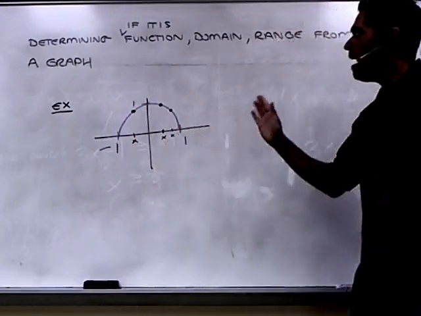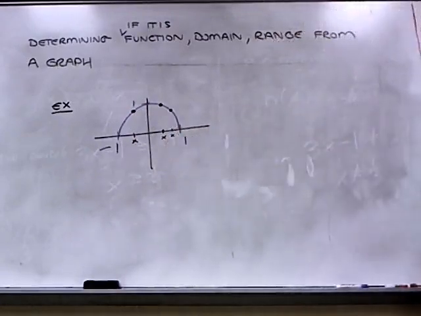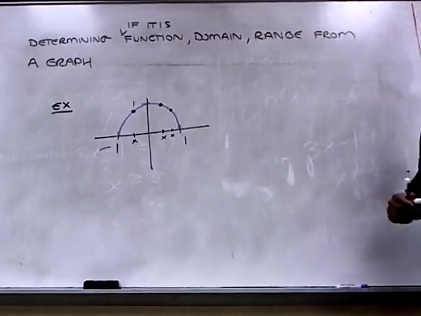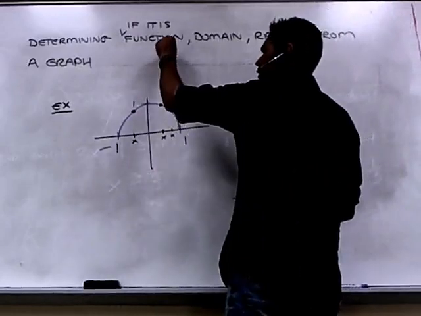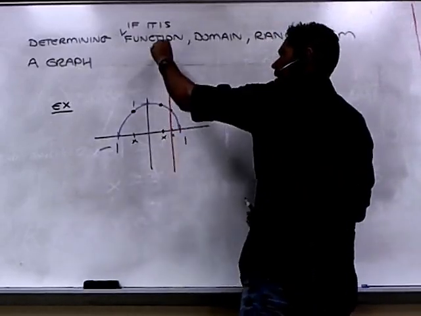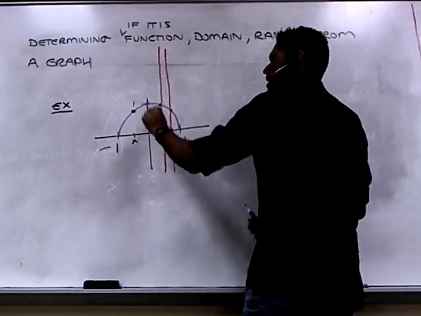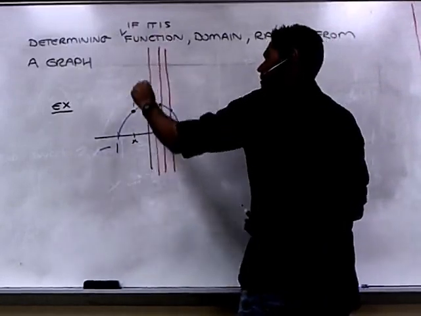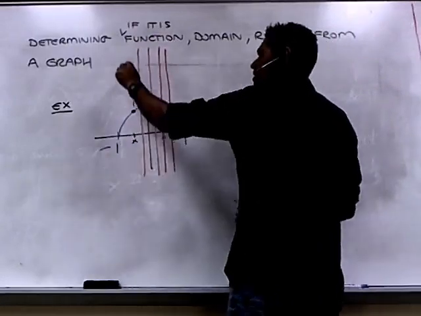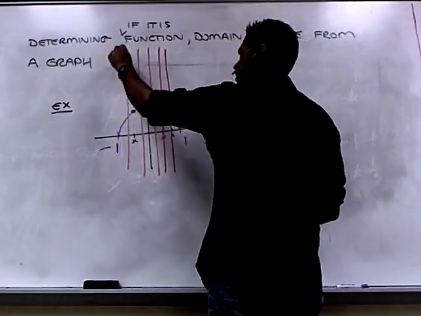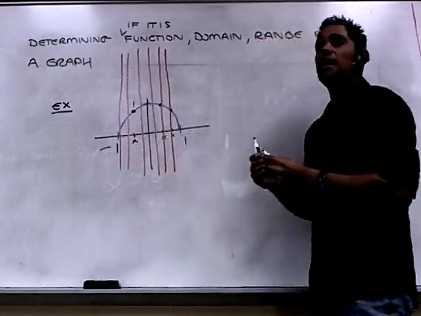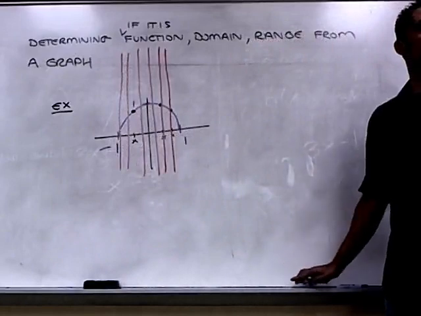So the way I can tell if this is a function is by doing something called the vertical line test. Have you all heard that before? All you have to do is draw vertical lines. And when you draw the vertical lines, if you hit the graph more than one time, it's not a function. So for each line you draw, you can only hit once.